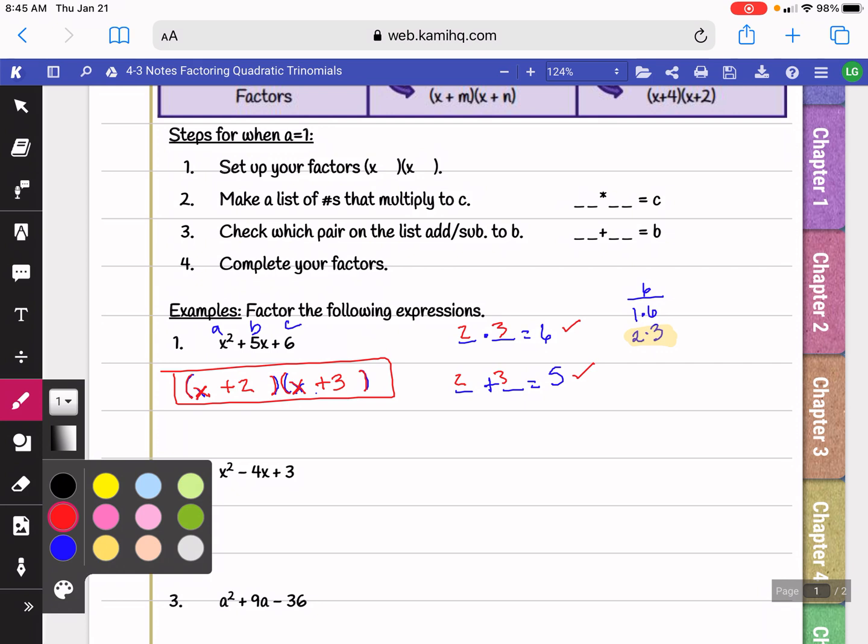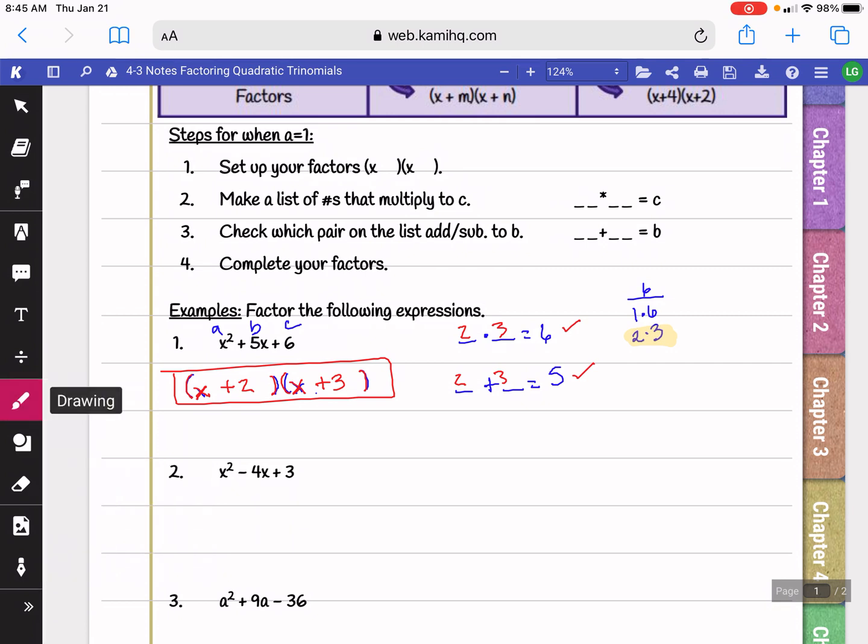A quick check you can do is multiply those last numbers. 2 times 3 is 6, and then 2 plus 3 is 5. Basically, you're checking that your blanks worked. Now, just to make sure you really understand what factors are, you're figuring out what they multiply to come out with that expression. So if you were to check, you could actually multiply out x plus 2 times x plus 3.